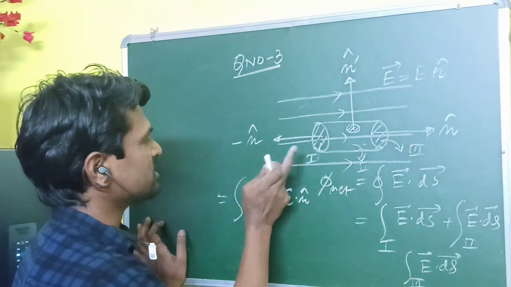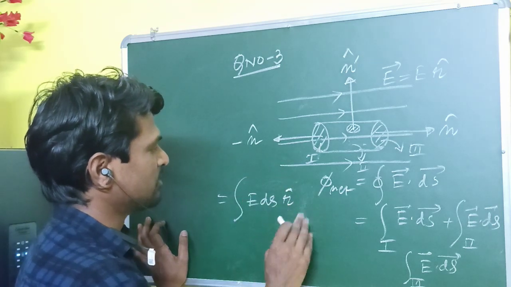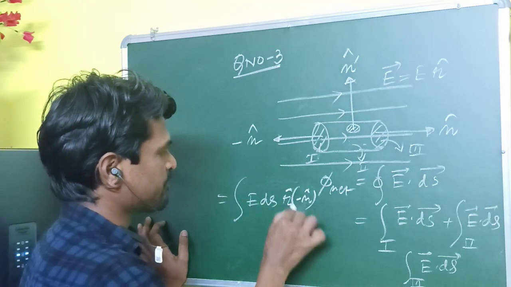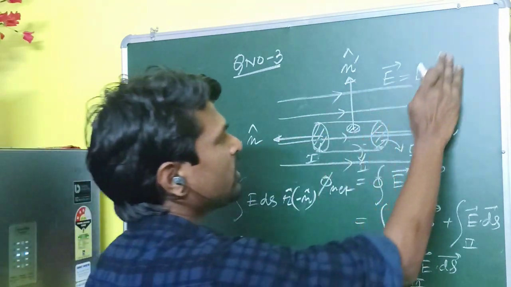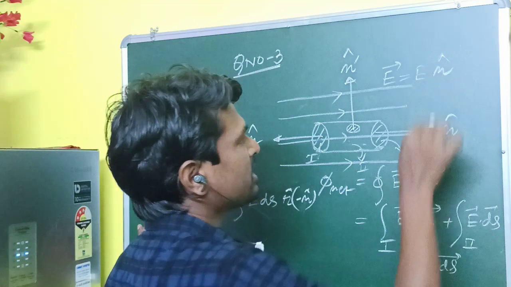E dot ds, first integration, this is r cap dot minus n cap. And here r cap is along n cap, so in place of r cap you can write n cap.